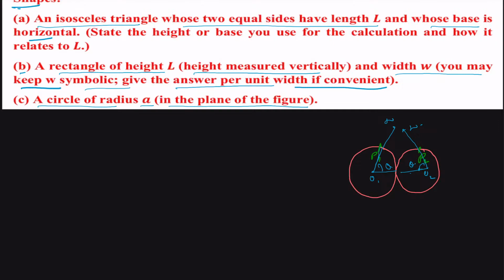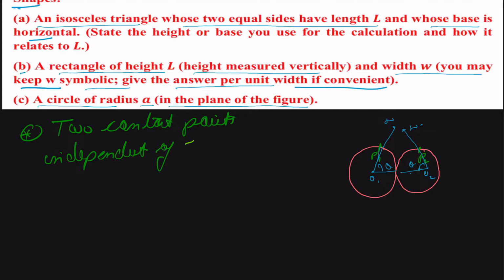Therefore, we can write that we have 2 contact points, independent of shape, and these 2 contact points we call P1 as well as P2, and 2 forces are applied, which are the compressive forces.